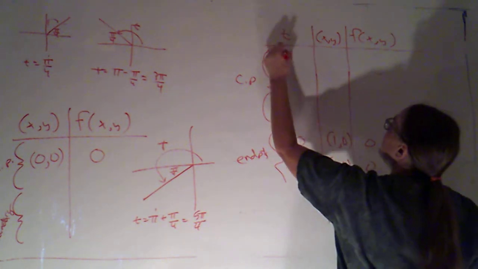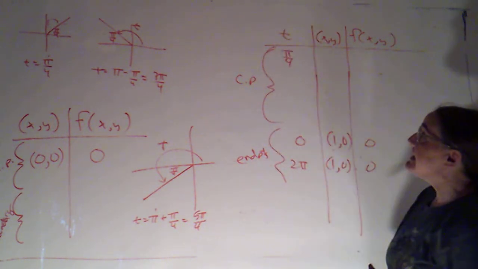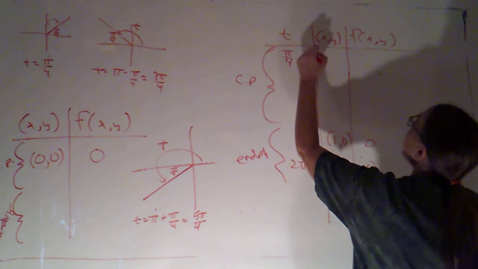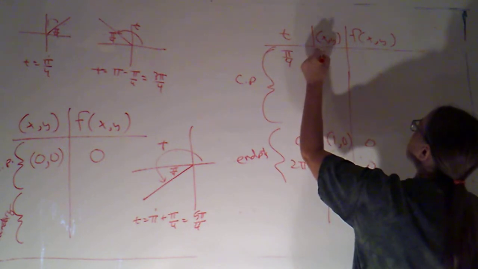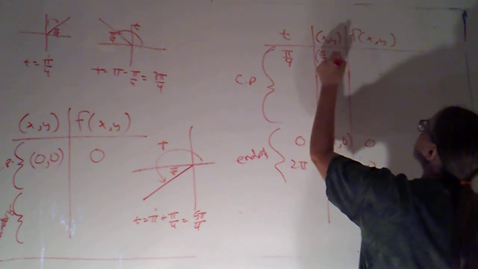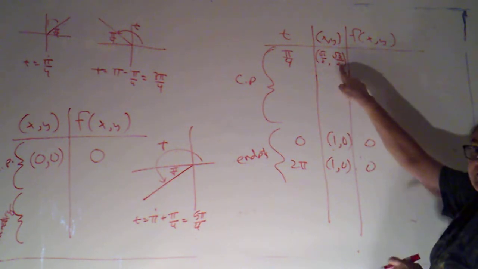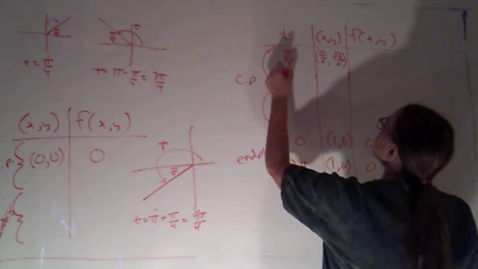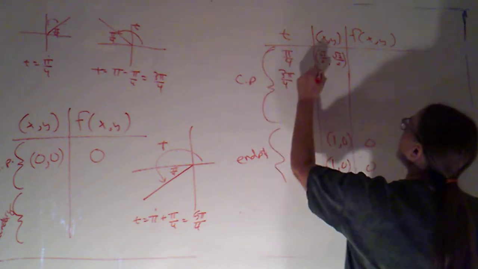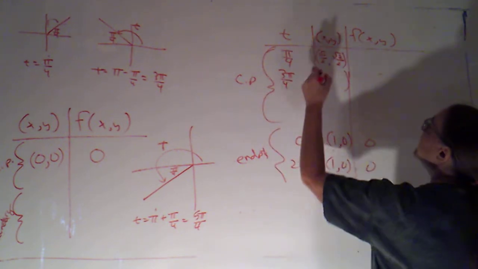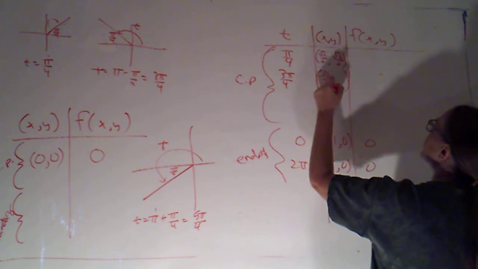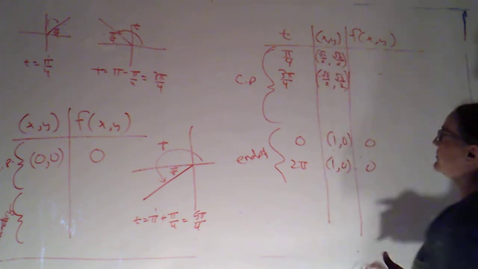Okay, so if t is pi over 4, xy is root 2 over 2, root 2 over 2. Cosine of pi over 4, sine of pi over 4. If t is 3 pi over 4, my point xy will be negative root 2 over 2, root 2 over 2.